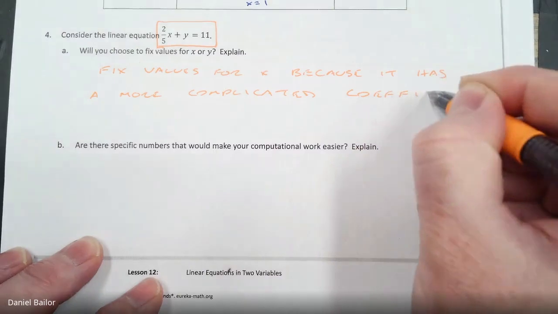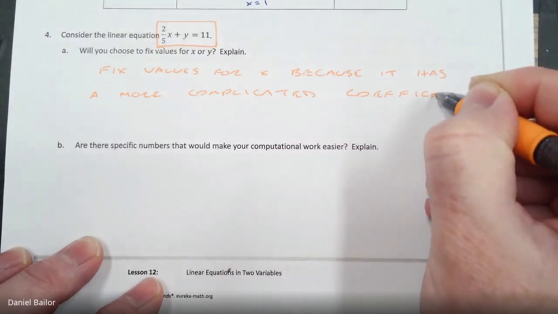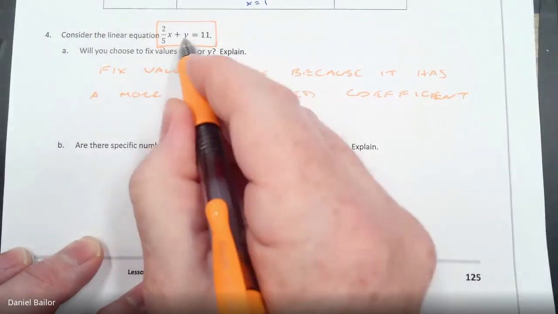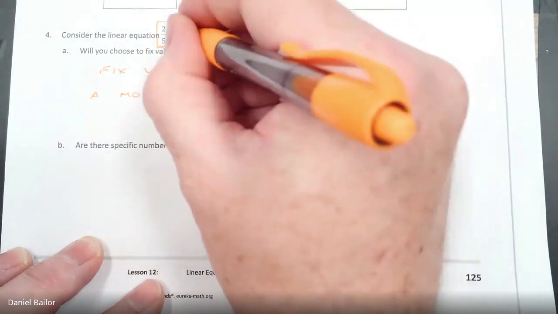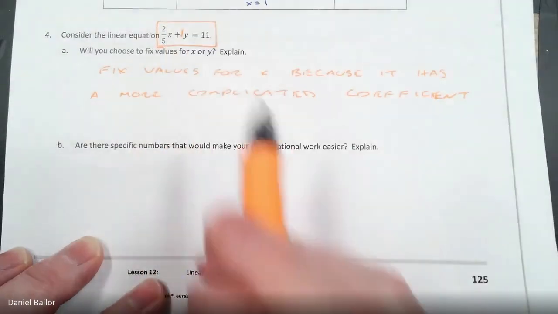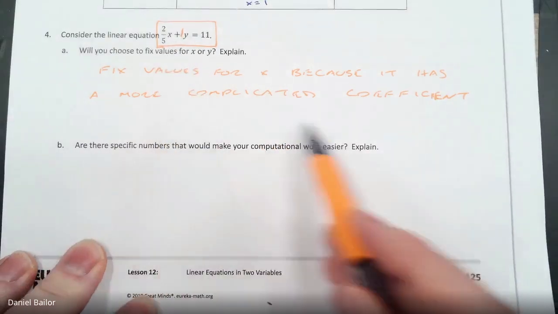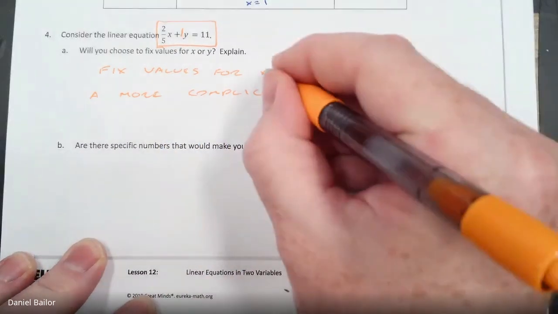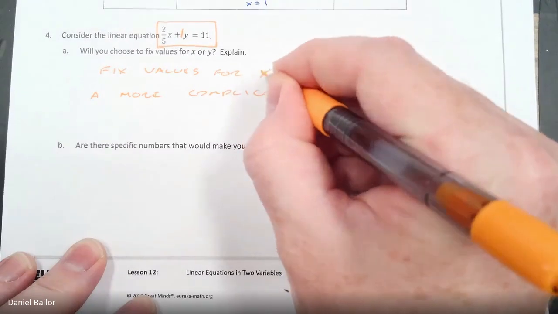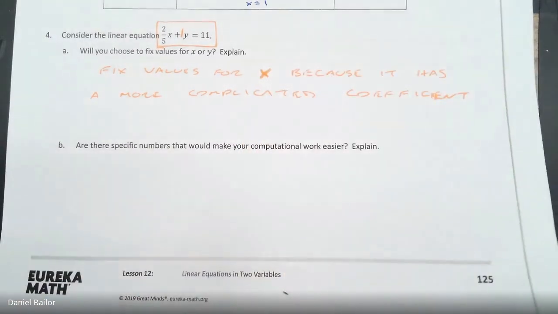Now, for all of you who want a little bit extra, y does have a coefficient. Y's coefficient is 1. But 2/5 is more complicated than 1. That's why we say we're going to fix values for x because its coefficient is more complicated.